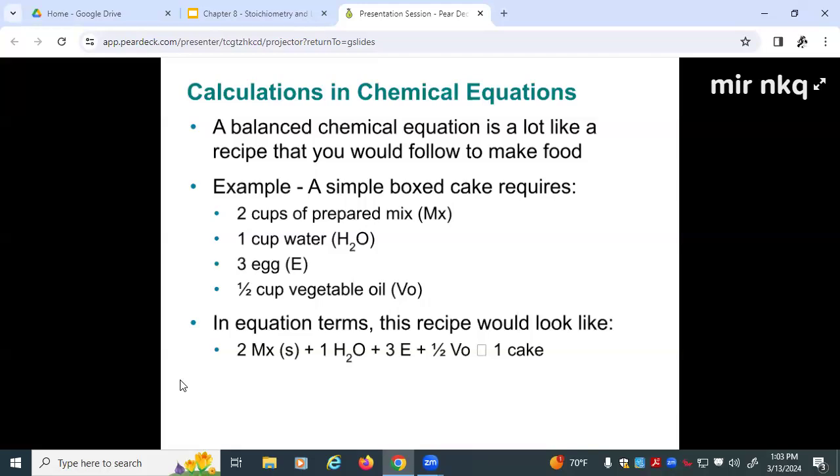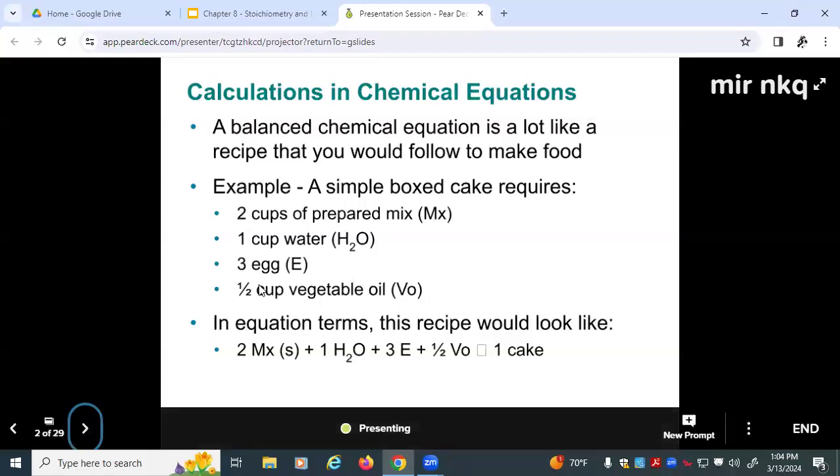Let's take a simple recipe. We're going to bake brownies. We're going to make cake out of a box. Recipe on the side of the box is real easy. Take this dry ingredients mix, dump it into a bowl, add these other things to it. Mix it up, put it in the oven, out comes a cake.